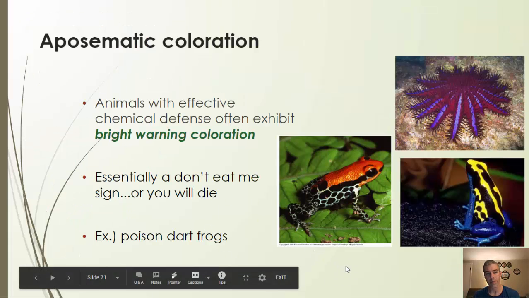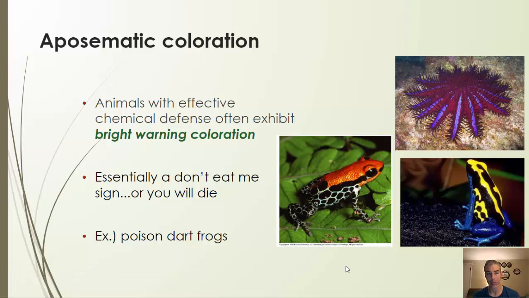There's also this thing called aposematic coloration, and this is an interesting prey adaptation. If you see anything that's seemingly not really a predator, but it's walking around and it's brightly colored, it's a warning. It's a warning that if you try to eat that, it's probably going to die.